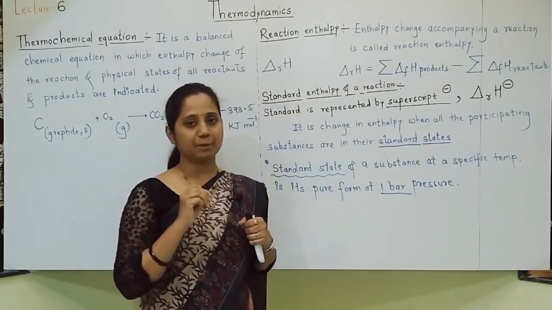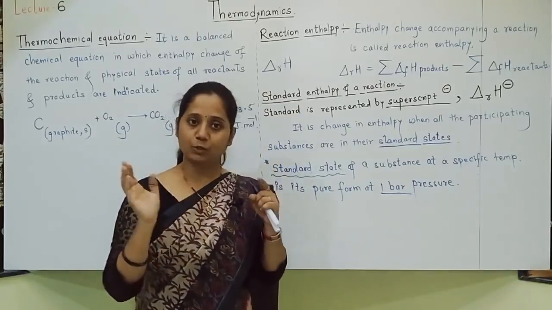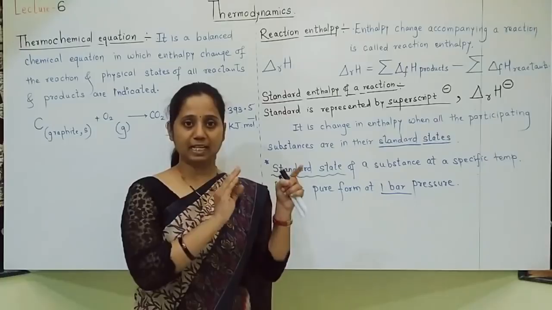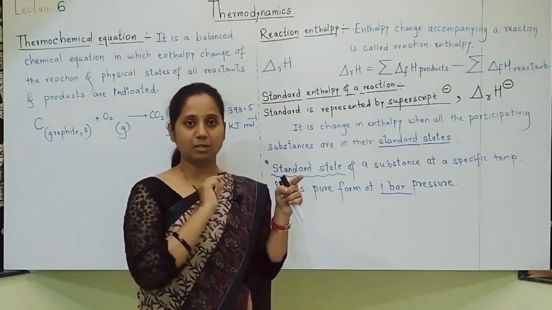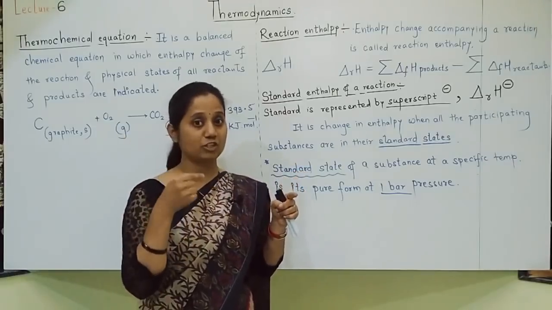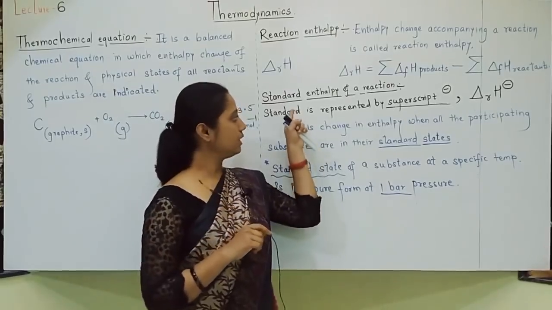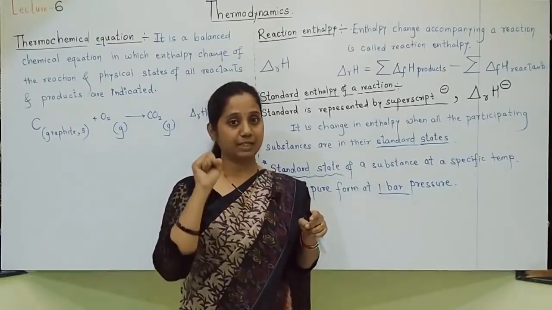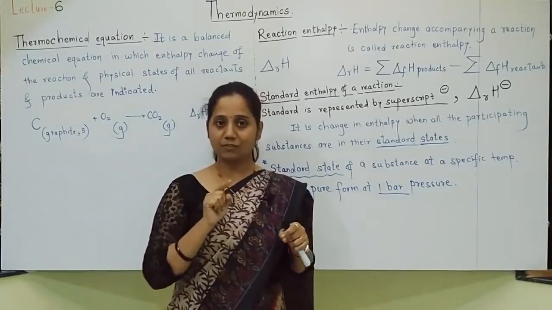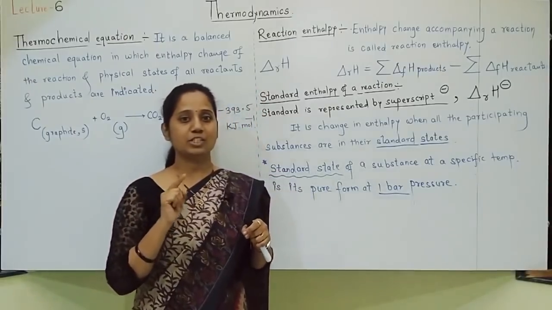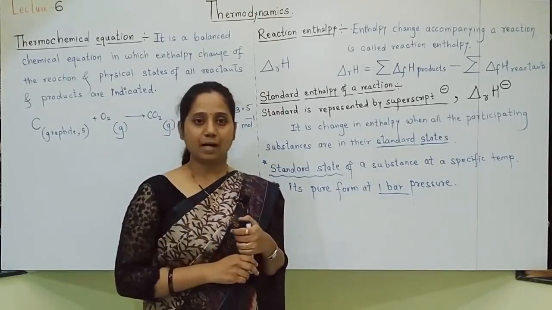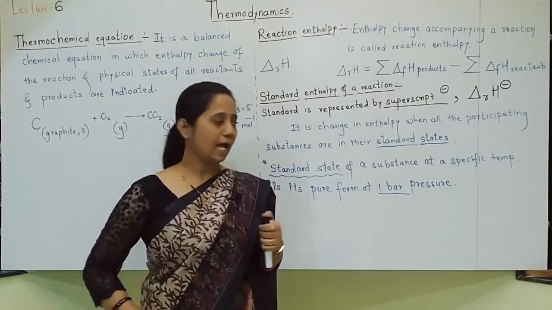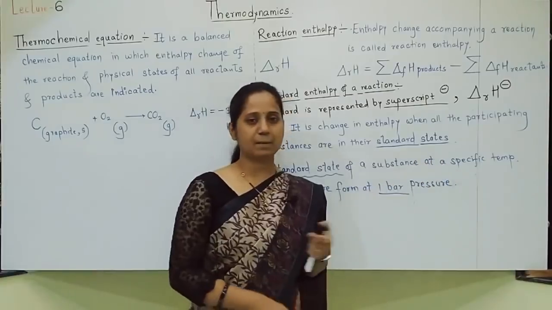It is the change in enthalpy. Whenever any chemical reaction takes place, there is always a change in its enthalpy. It is the change in enthalpy when all participating substances are in their standard form. And what is the meaning of standard form? Pure form, measured at 1 bar pressure, and at any specific temperature.